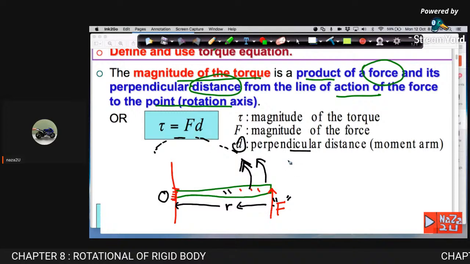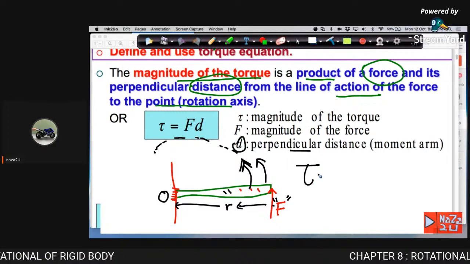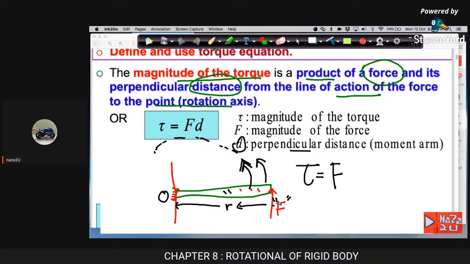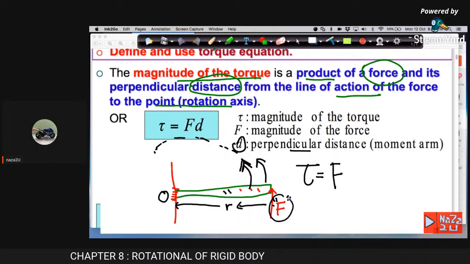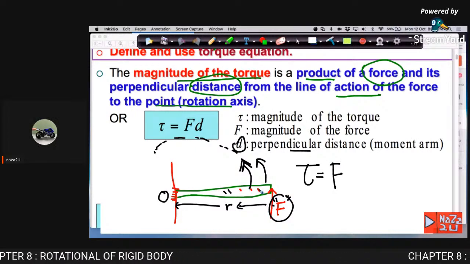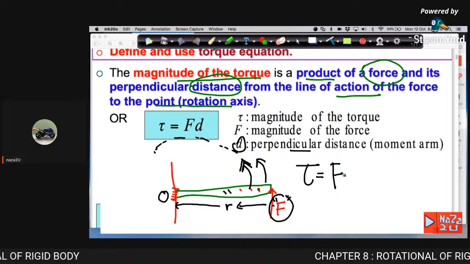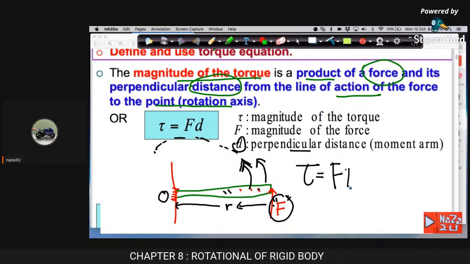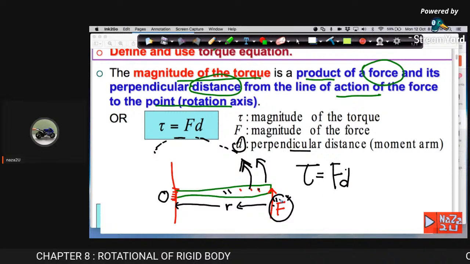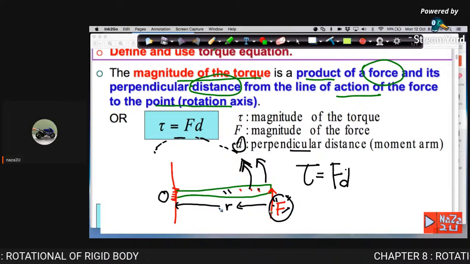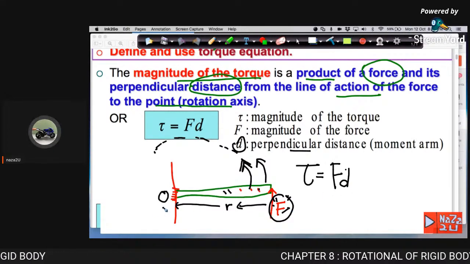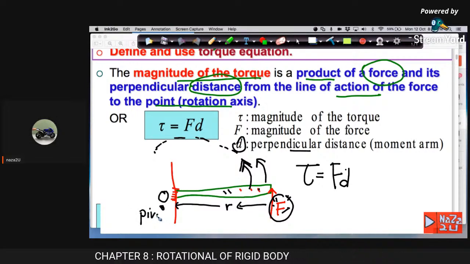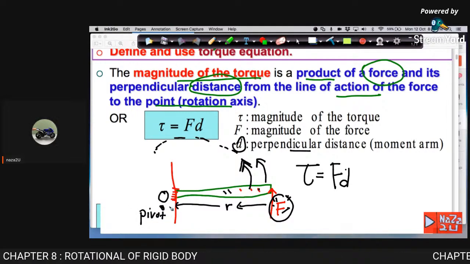So to calculate the torque, the formula is the product of the force F on the object times D. D is the distance from the force to the moment arm, ataupun dipanggil juga sini sebagai pivot point.